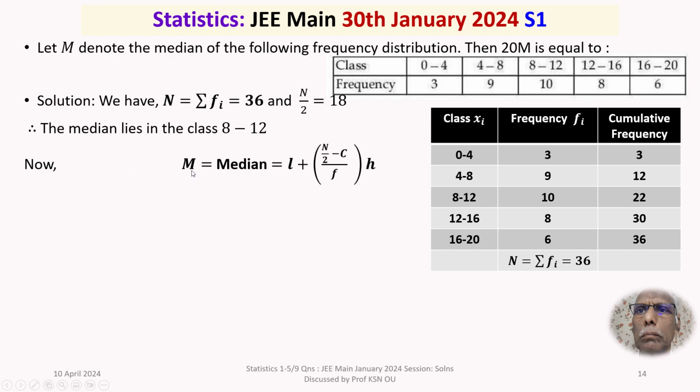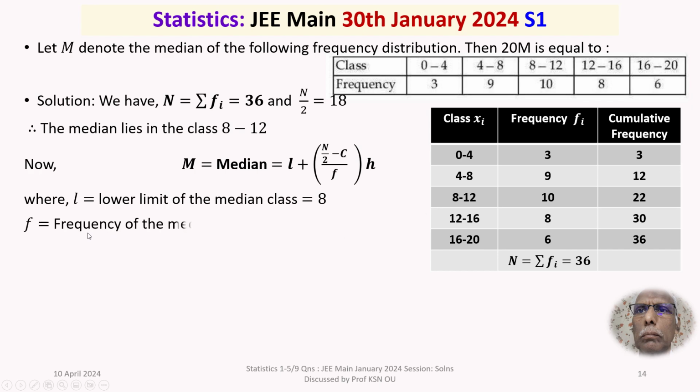Right, now we have the formula for median. M is equal to L plus (n by 2 minus C) by F, multiplied by H, where L is the lower limit of the median class. Median class is 8 to 12. The lower limit is 8. F is the frequency of the median class.